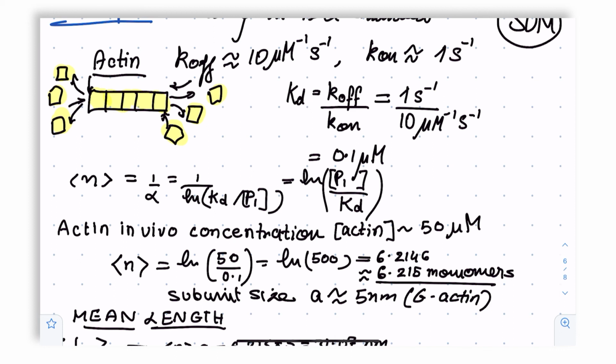This of course means Kd is nothing but K off by K on, which is 0.1 micromolar in units. Just please note how we got to that point in terms of the units.